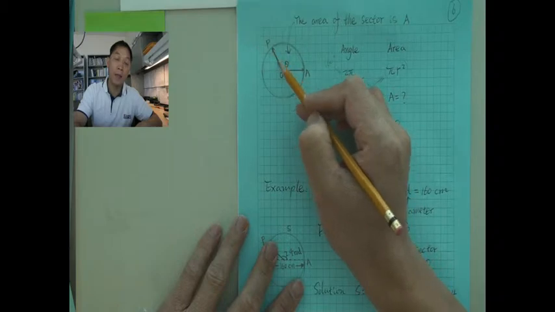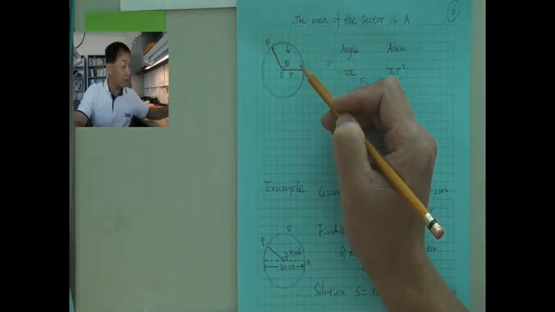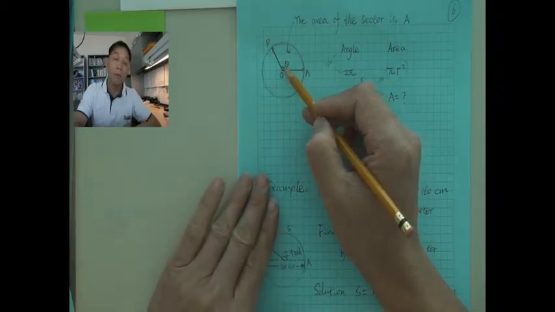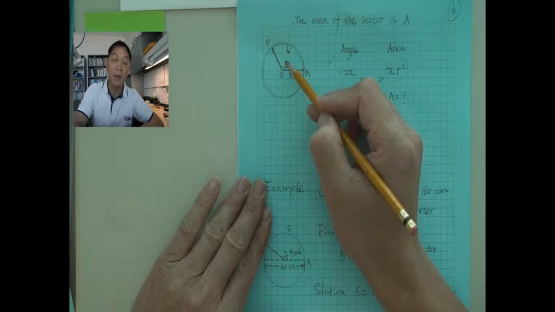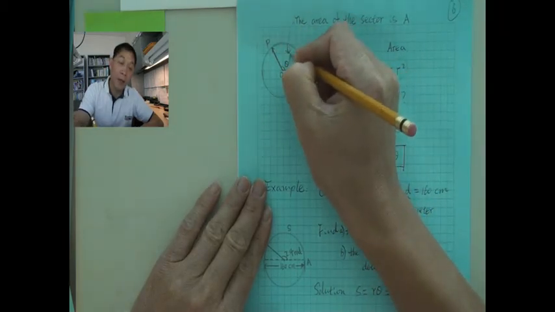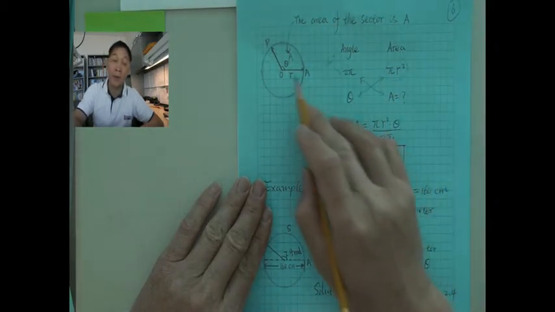Okay, theta is the angle. And this angle is called central angle. Okay, so theta corresponds to this area. Let's say A. So theta corresponds to A, this area.